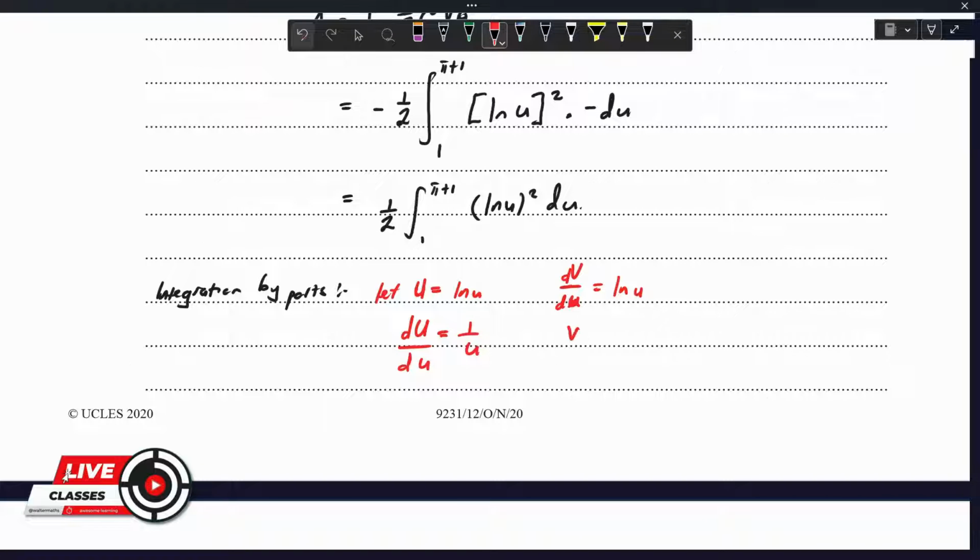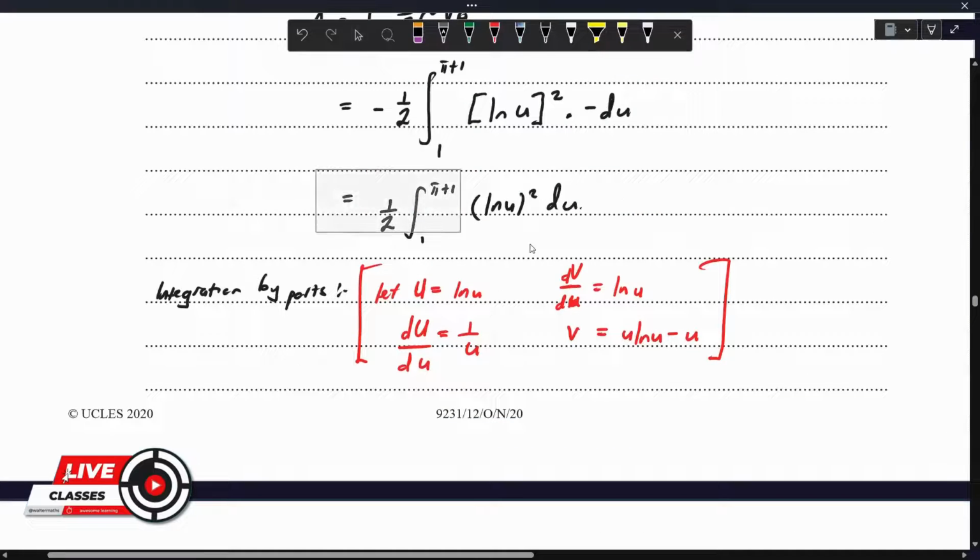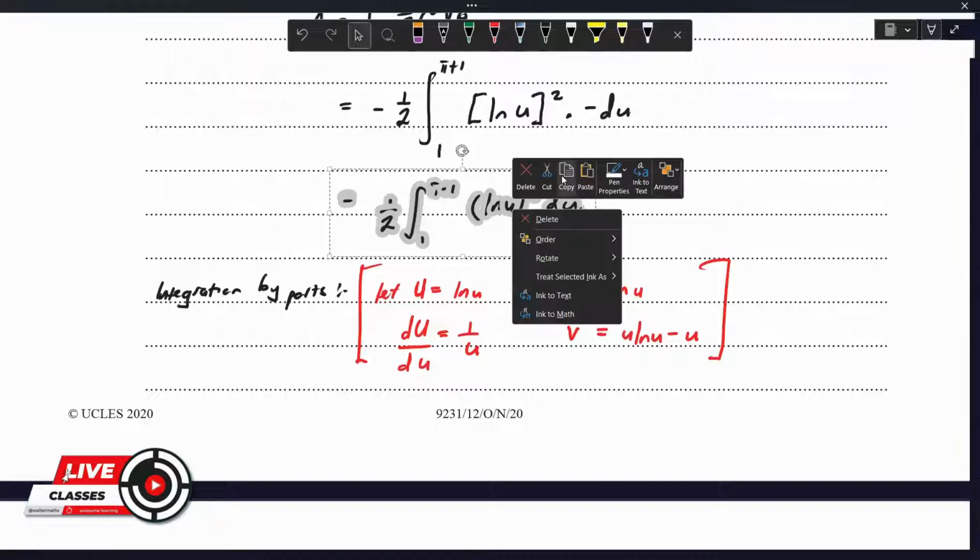And here we'll get v to be, if we integrate ln u, we get u ln u minus u.